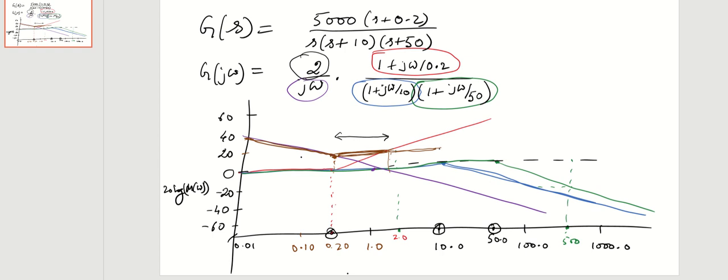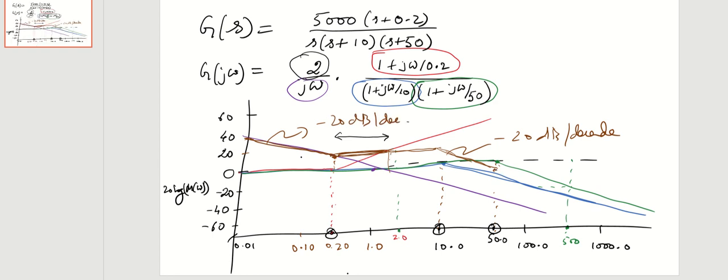Okay, so it starts to descend at 20 dB per decade until this point here, where it starts to descend at a steeper rate. This is minus 20 dB per decade. This is also minus 20 dB per decade.